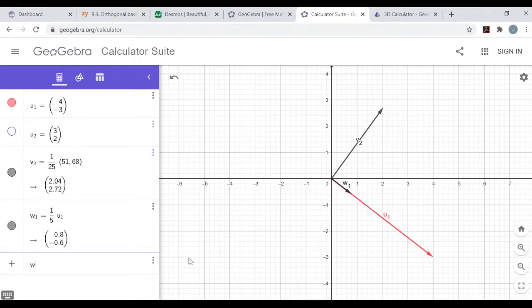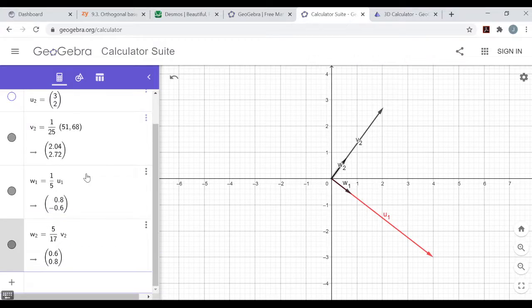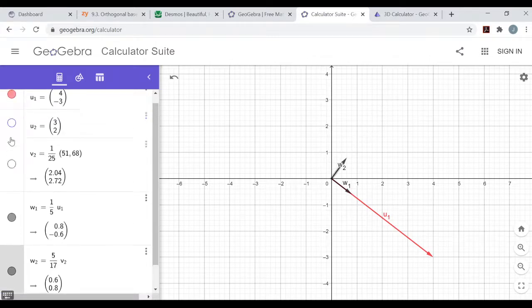And then W2 will be equal to, now I left it as 1/25 times 5, 168. The norm of this vector would be 17/25 times 5, so 17/5. So I'd multiply that by the reciprocal, 5/17, times V2 there. And you see W2 showing up. Let me get rid of V2, but it's on the same line as V2, see? But only a unit length.